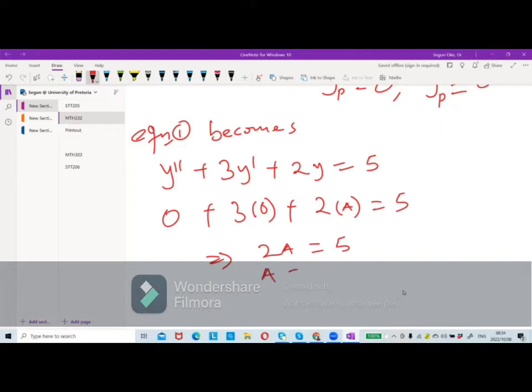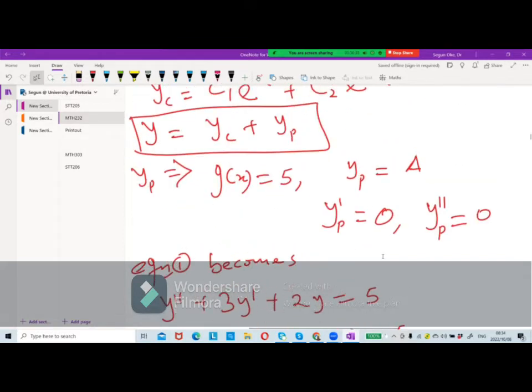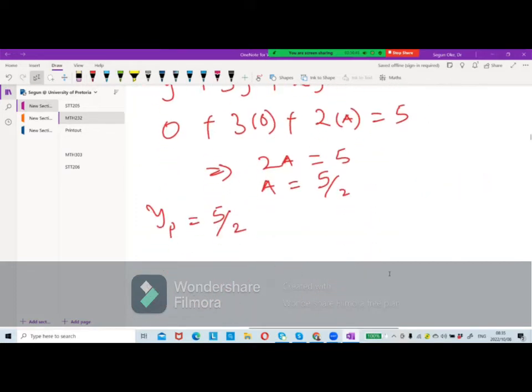What is our A? 5 over 2. Thank you. So it simply means that our yp is equal to 5 over 2. Don't forget, yp we call it A, and our A is equal to 5 over 2. So we can boldly say that our yp is equal to 5 over 2.